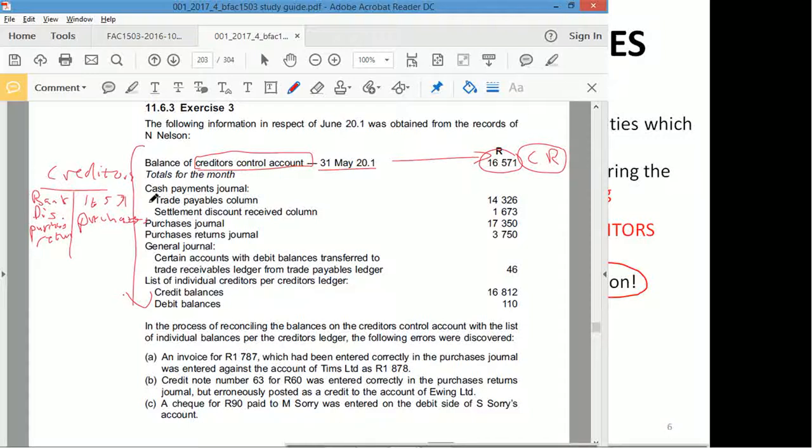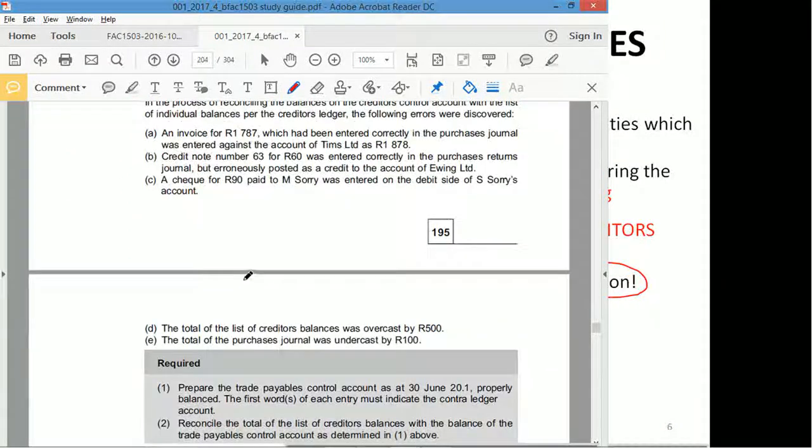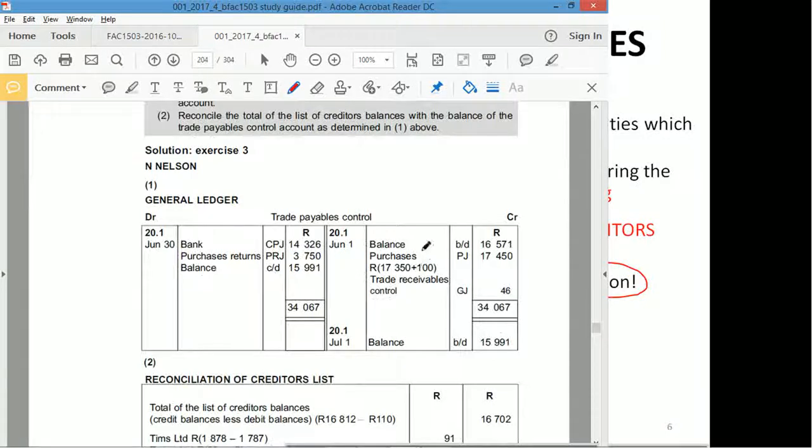The main purpose of this is the journals, posting the journals to the T account. You've got the solution here, so you can see there's the balance. There's the purchases. I see they've disclosed it as net over here. You can show it separately, it doesn't matter. Returns, and then you've got balance brought down, balance carried down. Obviously bank is the amount that I actually pay. If there's no discount, then I wouldn't record anything. What discount could arise with the creditor?